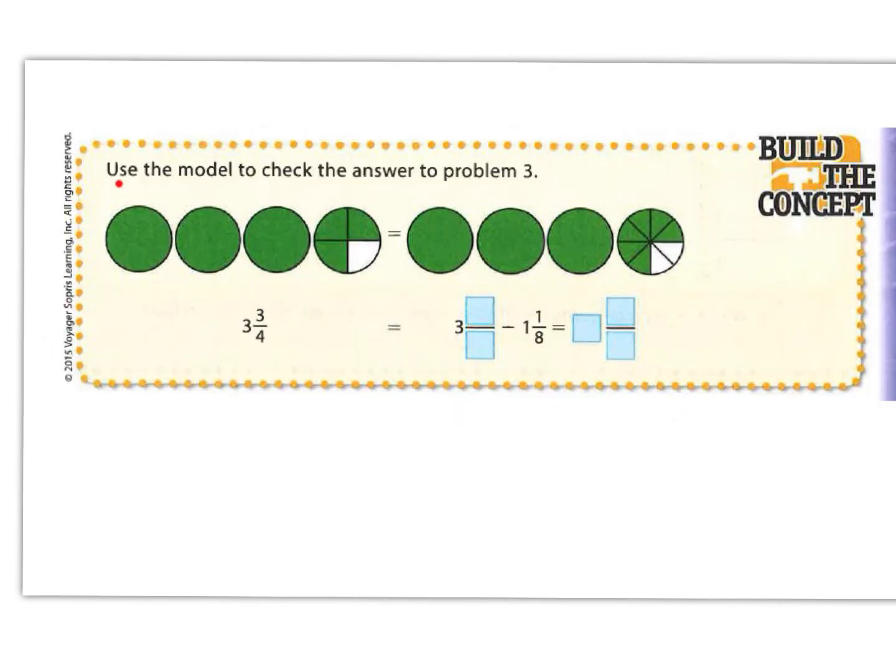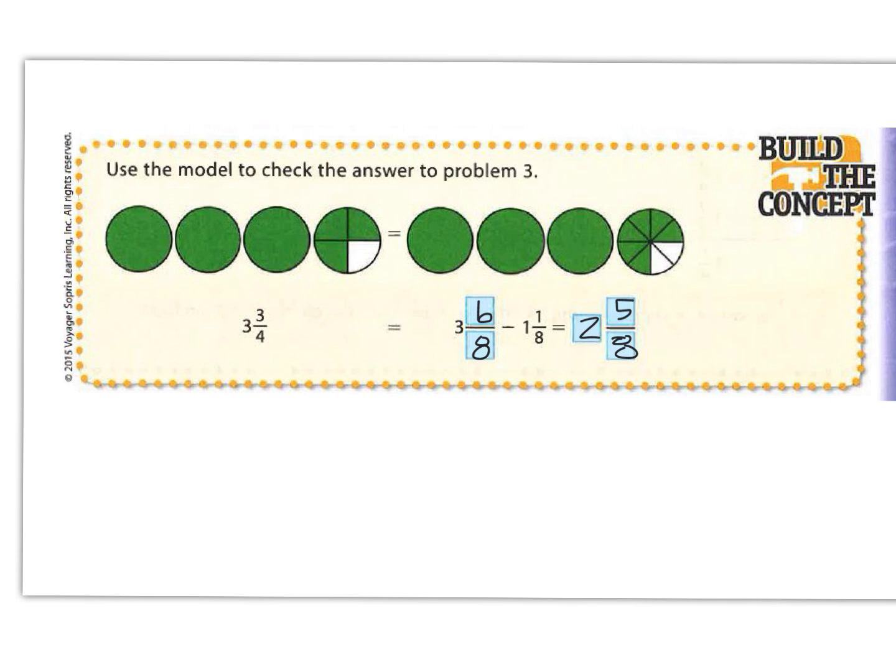Here it says, use the model to check the answer to problem 3. So we're going to check this answer. 3 3/4. We had already changed that 3/4 to 6/8. So the answer we got was 2 5/8. Let's just double check.